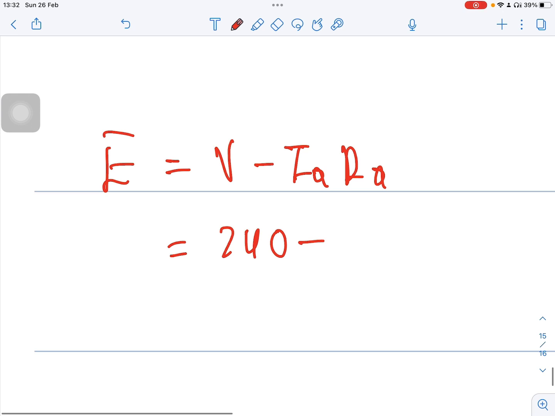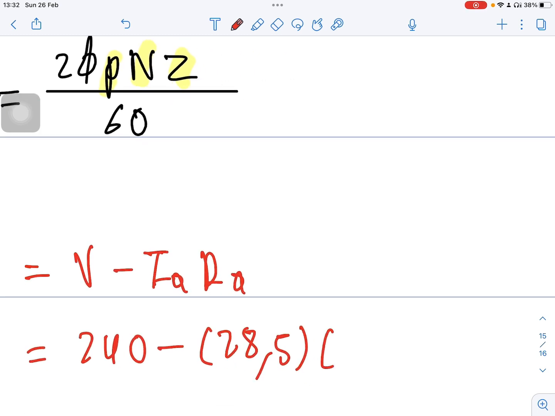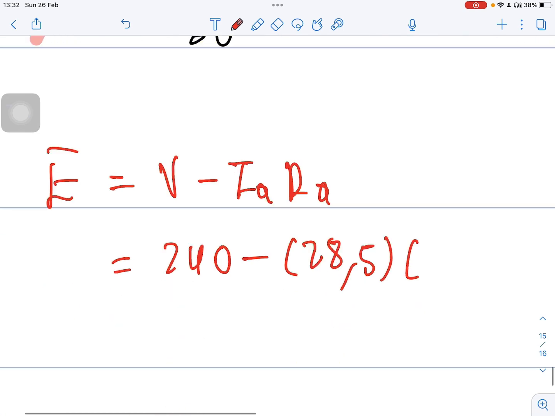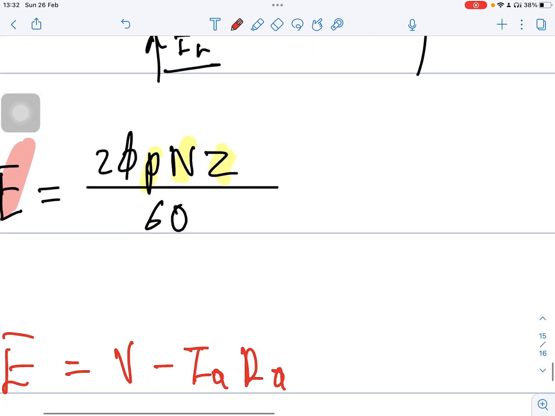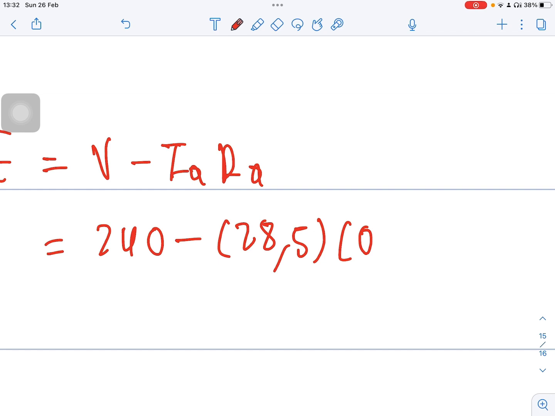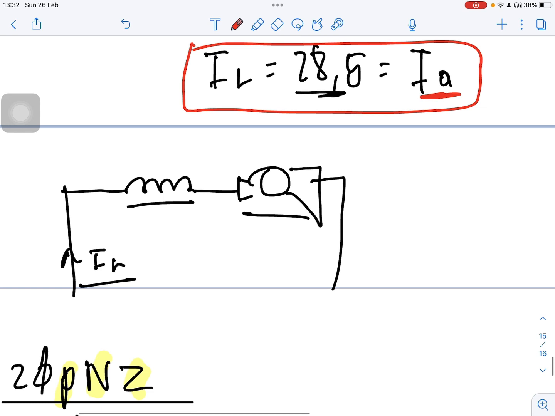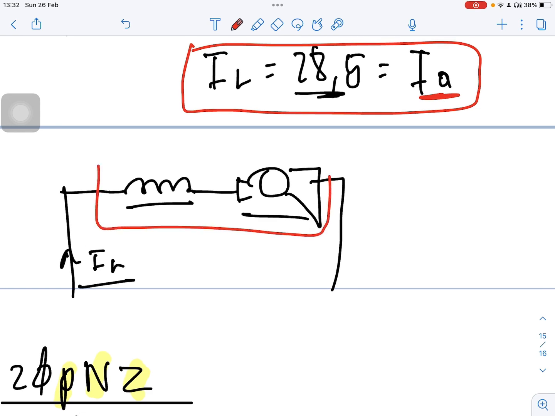So 240 minus 28.5, then we are given the resistance. But now guys, dealing with a series motor, I forgot to explain this: the field winding and the armature are in the same circuit.